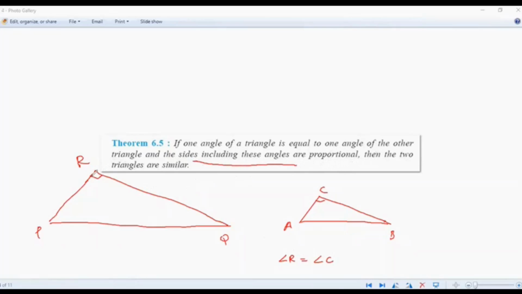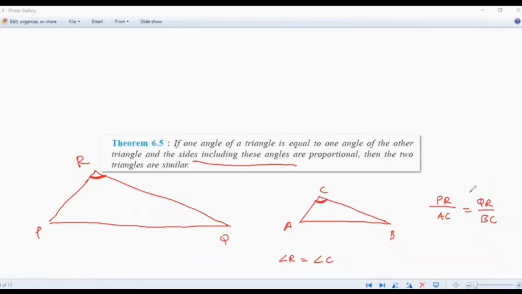Which are the sides including angle R in the first triangle? PR and QR. Those two sides are in proportion with the sides including angle C in the second triangle. So the ratio will come like this: PR by AC will be equal to QR by BC.